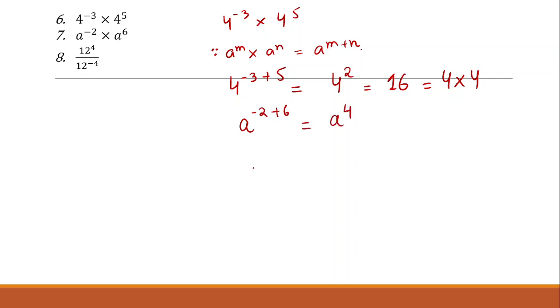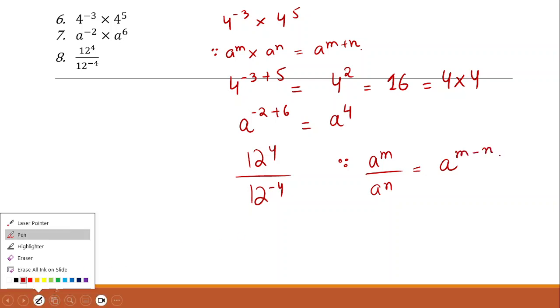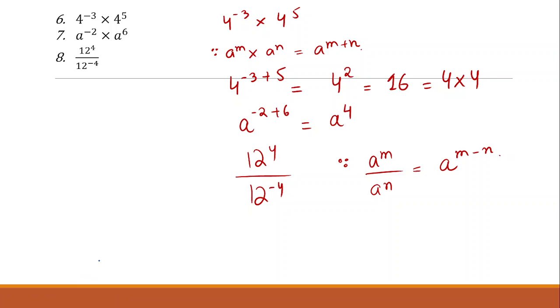Similarly for question number 8, 12 to the power 4 divided by 12 to the power negative 4. Okay, this is very interesting. This is the quotient rule, which says a to the power m divided by a to the power n equals a to the power m minus n. So just pause this video and find the answer to this question.